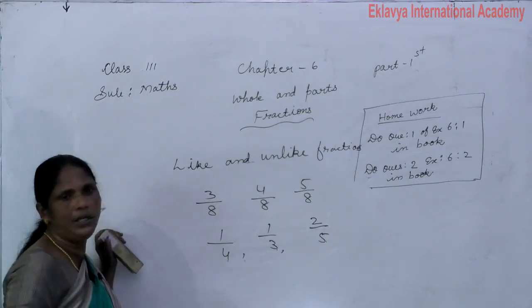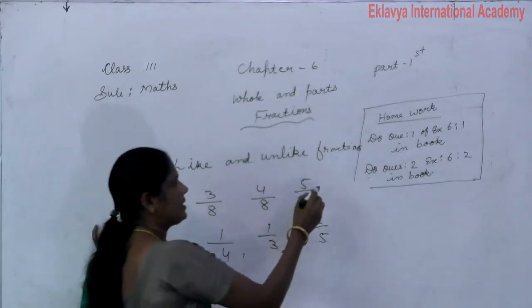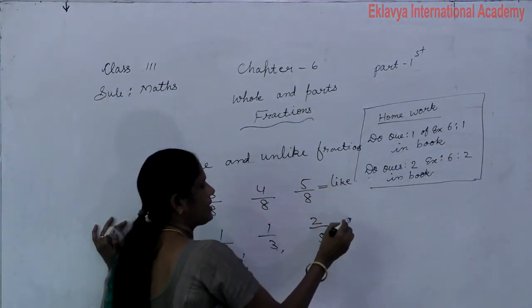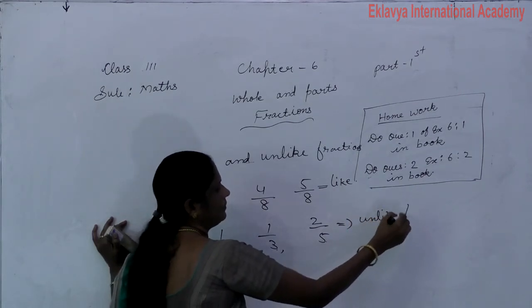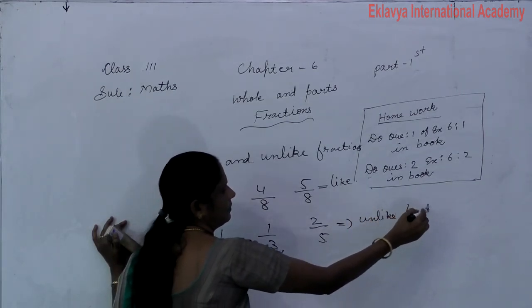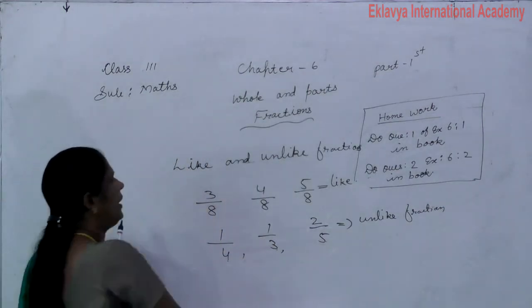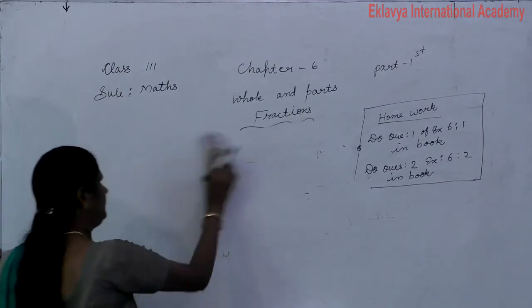That fraction is called an unlike fraction. This is a like fraction. This is an unlike fraction. Understand?